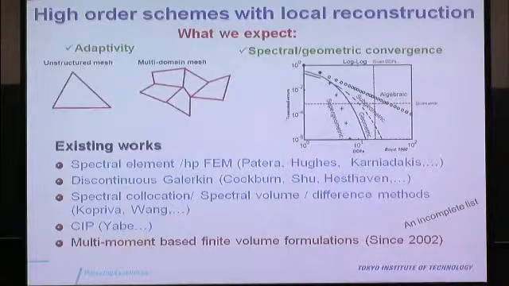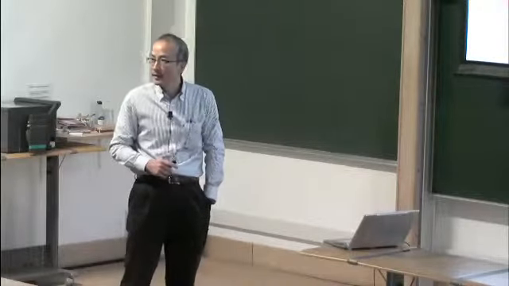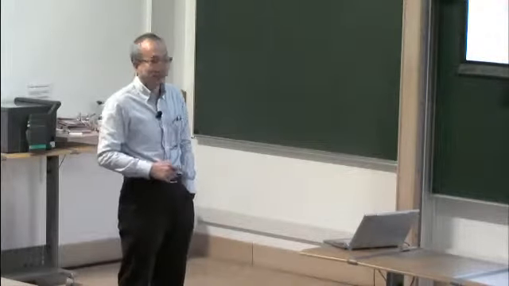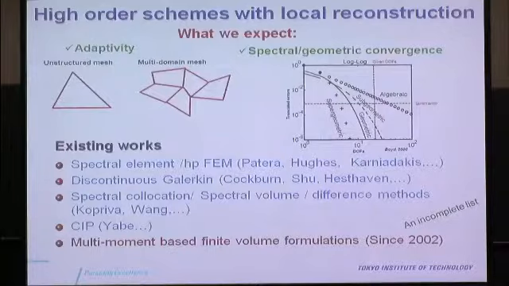Spectral element method, you know very well, and DG, which probably is the most popular method now used in the computational mechanics community. And there are still some other variants very close to the spectral element method, like the spectral collocation method, spectral volume method, or spectral difference method.